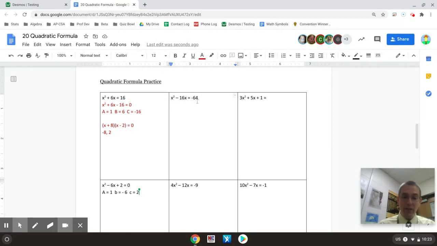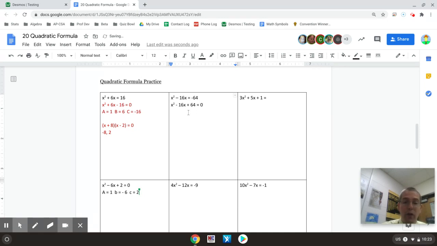This next one, go ahead and start by getting everything on one side. So I'm going to have an x squared minus 16x. And then to get that 64 on the other side, I'll add 64 to both sides. And that makes the right-hand side equal to 0. So I just added 64 to both sides to get that.